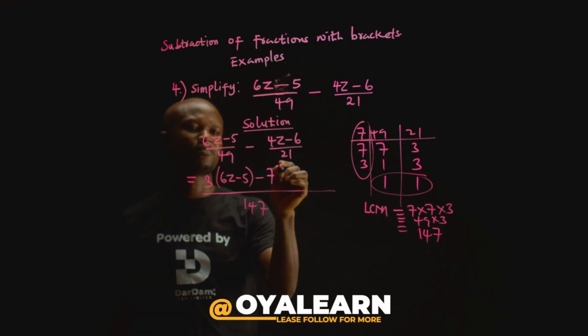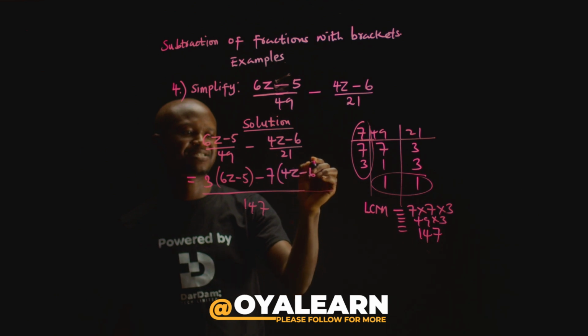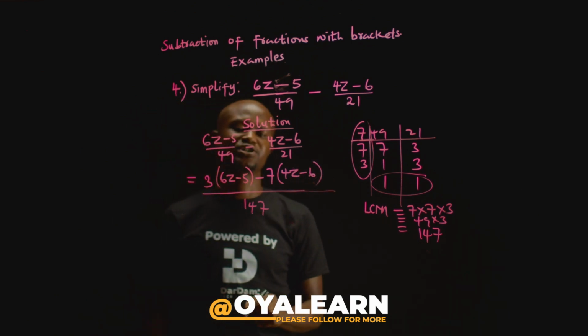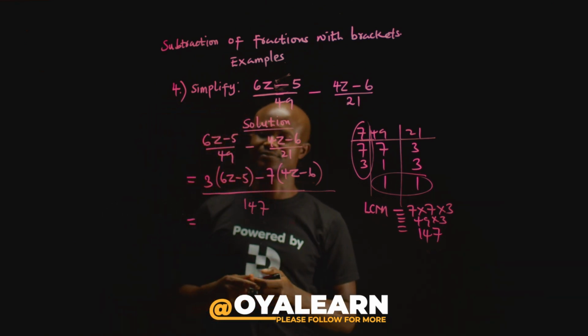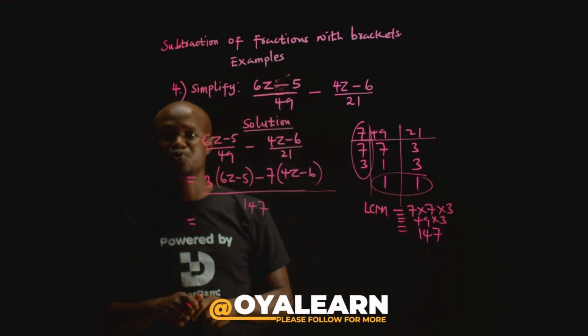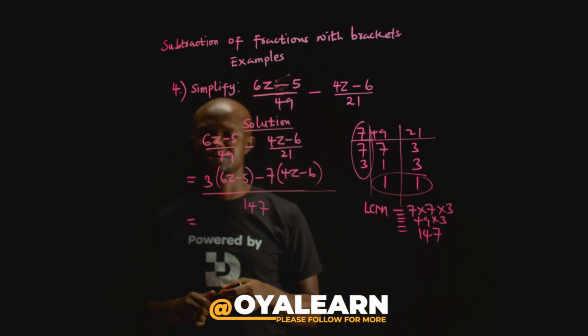So this 7 we multiply everything here, 4z minus 6, that is the second numerator. Is equal to what?